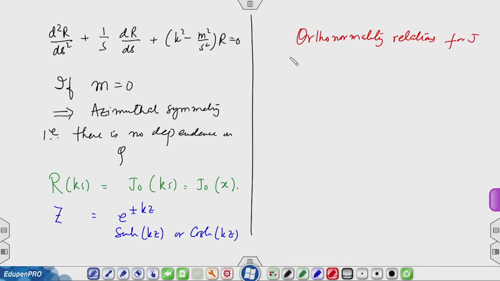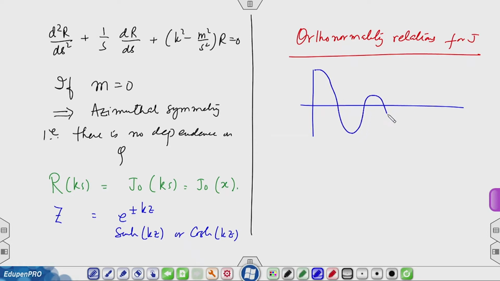For J. If you look at these functions, J0 is finite at s equals 0 or x equals 0, and then it decays. J1 is 0 and then goes like this. Zeros intermingled with the other zeros, and so on.